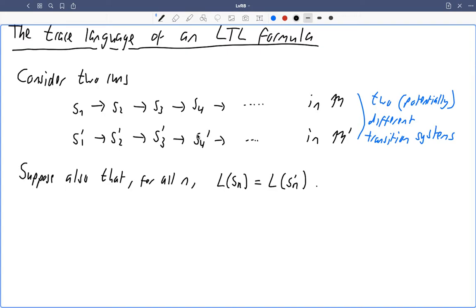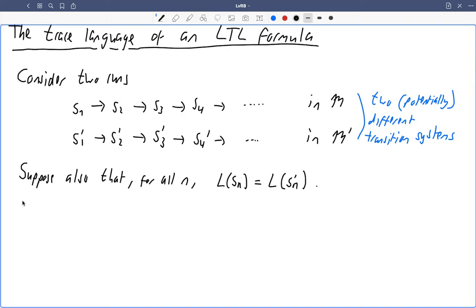And so exactly the same propositional atoms are true, and hence exactly the same false as well, at each of the corresponding pairs of states. That's what it says here.